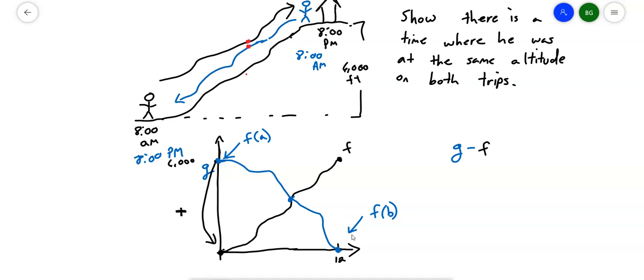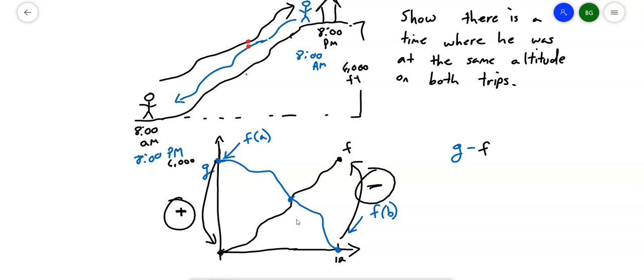But specifically at the end, if we look at the end and we take g minus f, that's going to be a negative number. And so, again, by the intermediate value theorem, if I start off positive and I end up negative, at some point I must have passed through 0. That's the only logical thing if this is a continuous function, which it is.